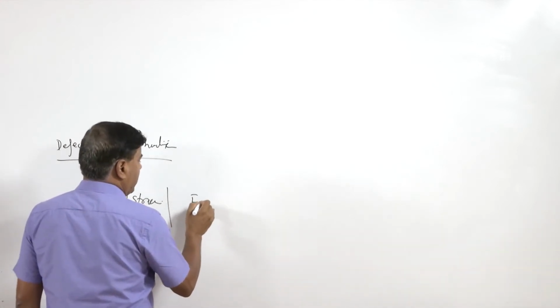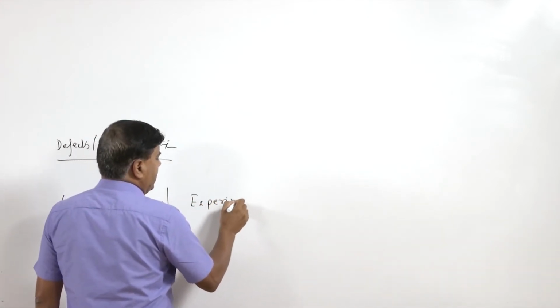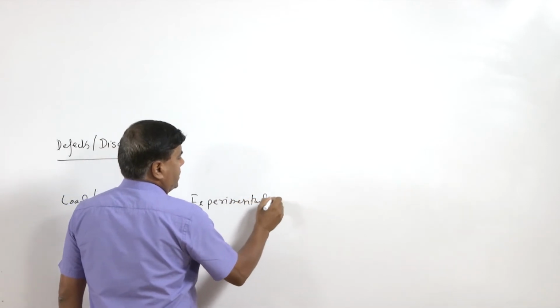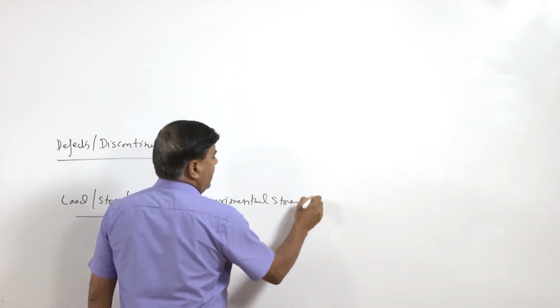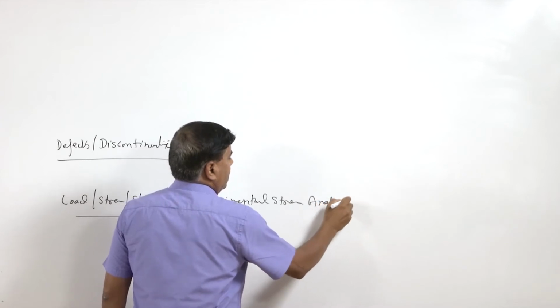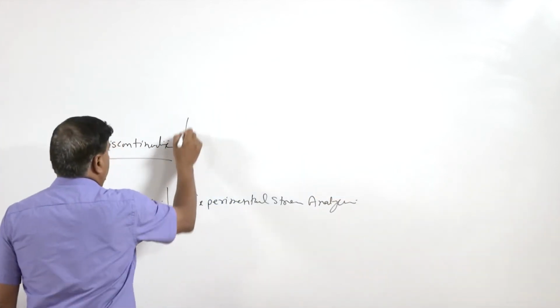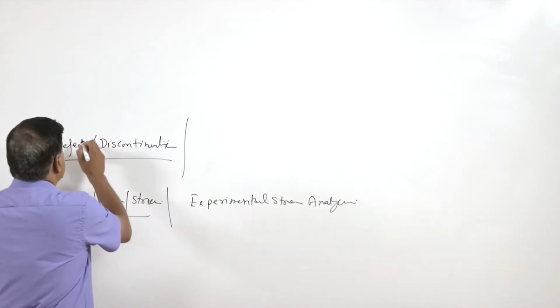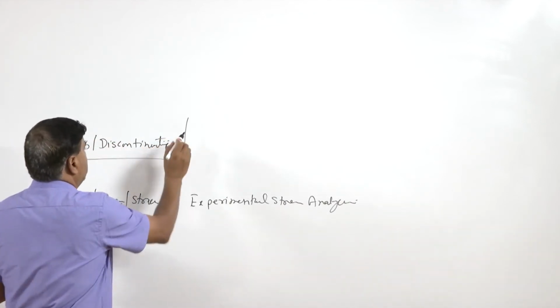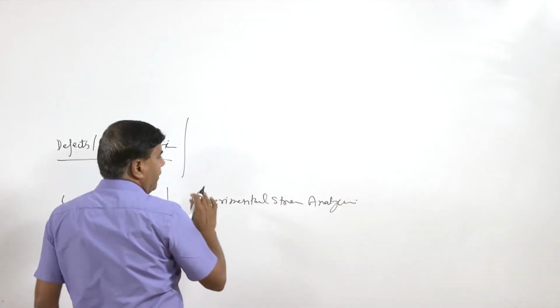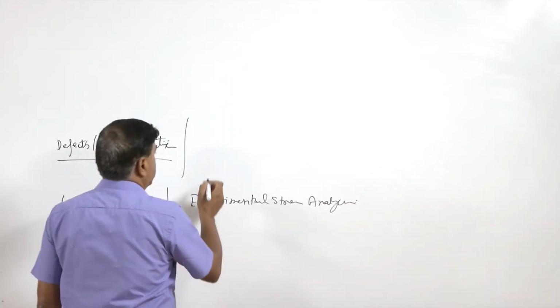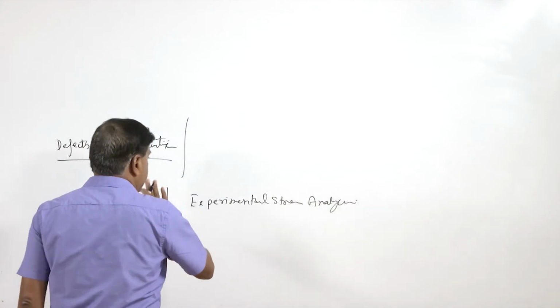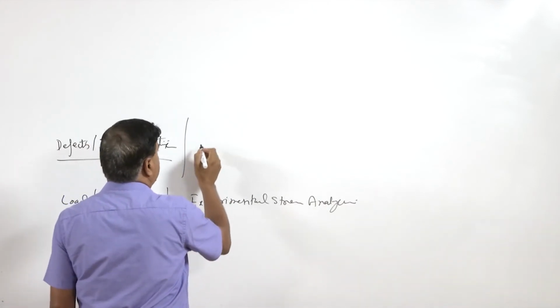This falls under experimental stress analysis. And for determining or establishing the defects and discontinuities in the failed component, we have another category of methods. So, we will be talking about these methods in detail.